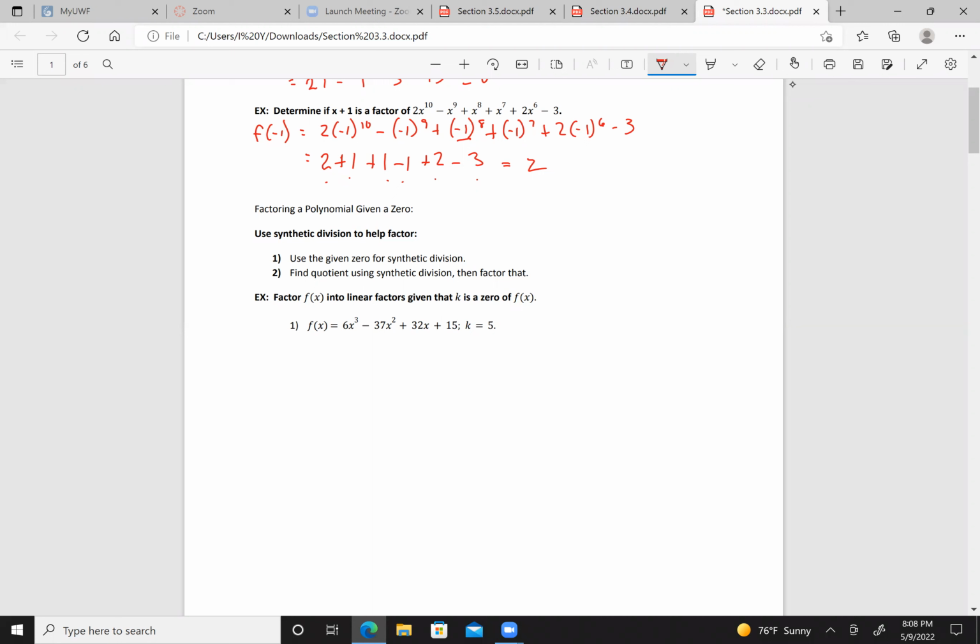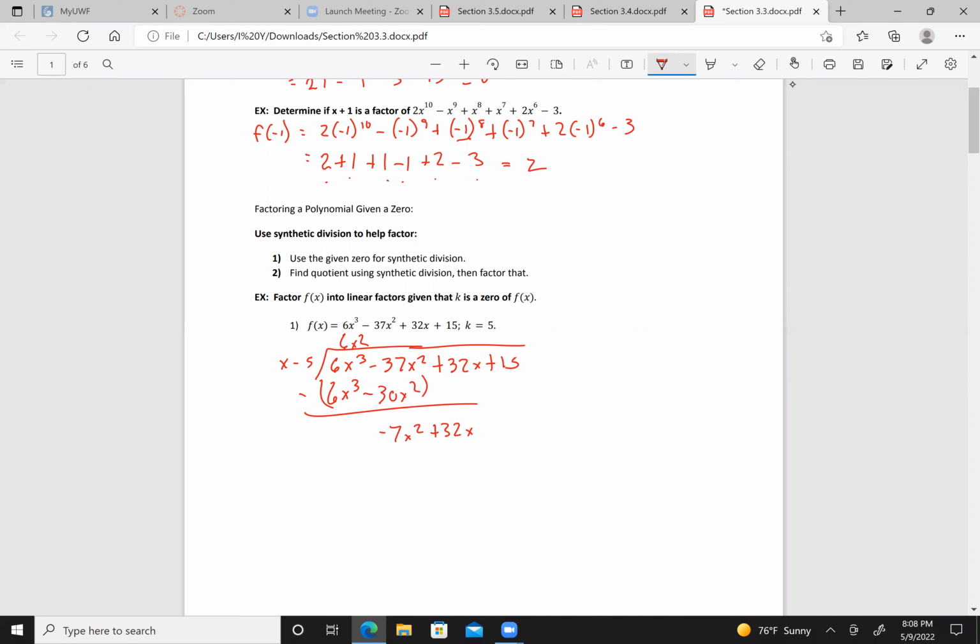I'm looking at x minus 5 going into 6x cubed minus 37x squared plus 32x plus 15. So x goes into 6x cubed 6x squared times, which gives me 6x cubed minus 30x squared. Subtracting all that, I have minus 7x squared. Bring down my plus 32x.